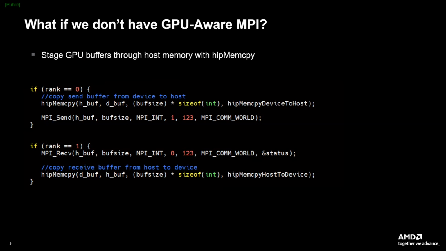On the other hand, on the receiver side, we pass the host buffer to MPI_Recv, and then because we want the data to be present on the GPU, we have to copy the host buffer to the device buffer. So if we don't have GPU-aware MPI, we have an extra copy between the device and host.